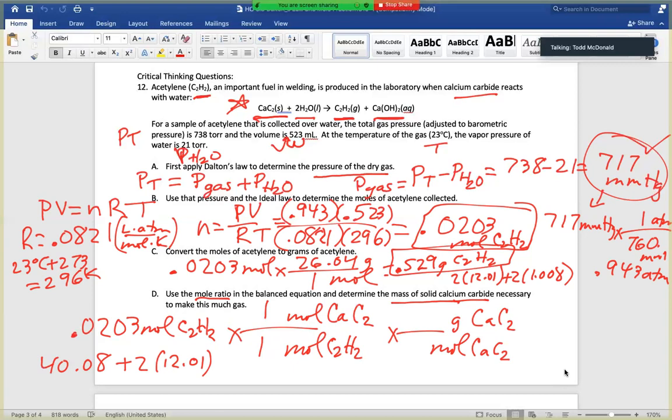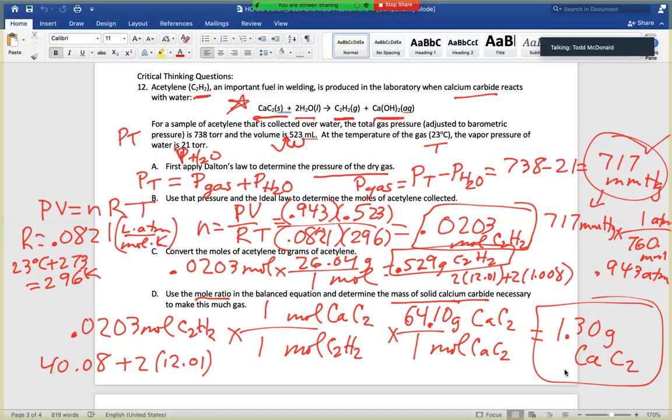And that gives me 64.10 grams per mole. And I'm going to multiply that by my 0.0203, and that tells me I would have 1.30 grams of calcium carbide needed to produce that much acetylene.